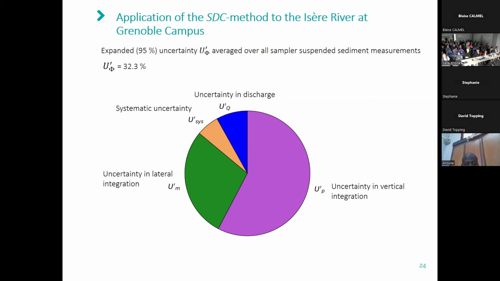This application of the SDC method and the uncertainty estimation method allowed me to determine the expanded uncertainty over all sampled suspended sediment measurements at Grenoble Campus, which amounts to 33%.